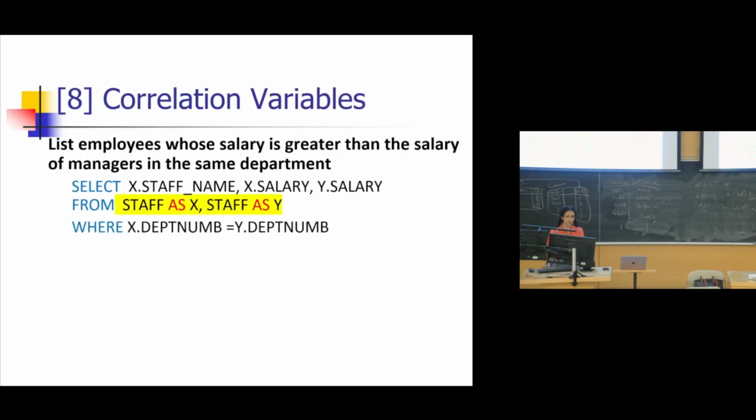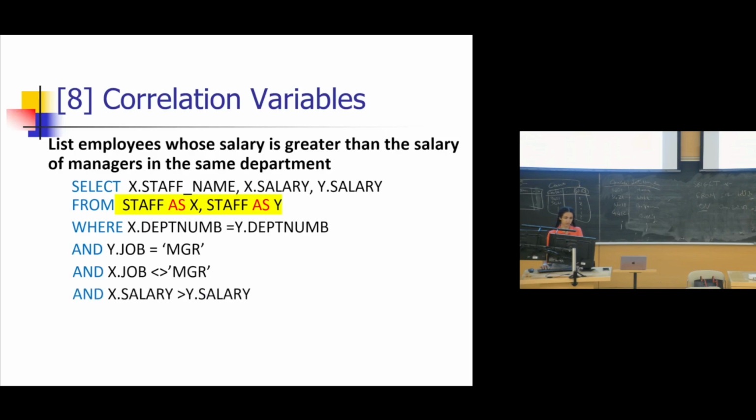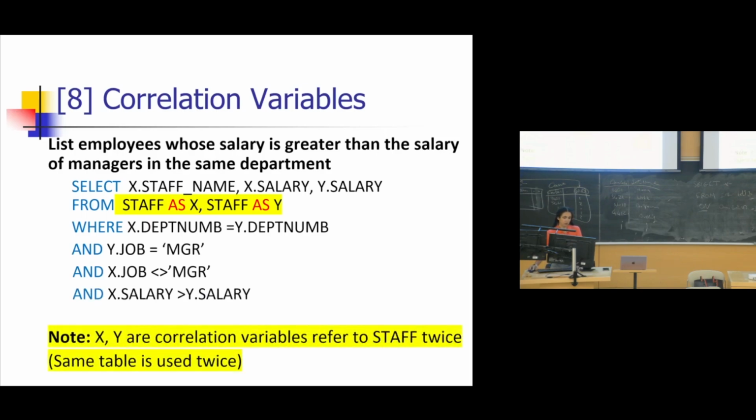And these are just some extras for your practice. If you want to, for example, use correlation variables, for example, listing employees whose salary is greater than the salary of managers in the same department, okay? So X and Y, sometimes whatever you want to select all exists in the same table.